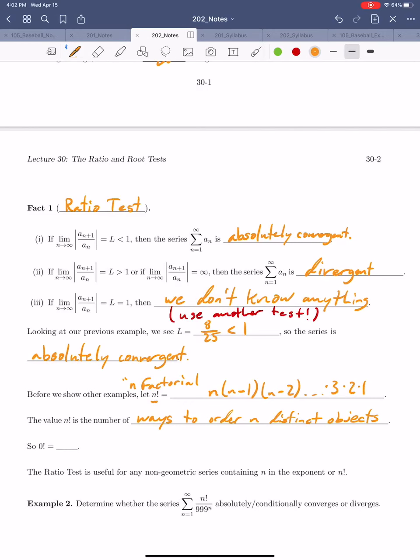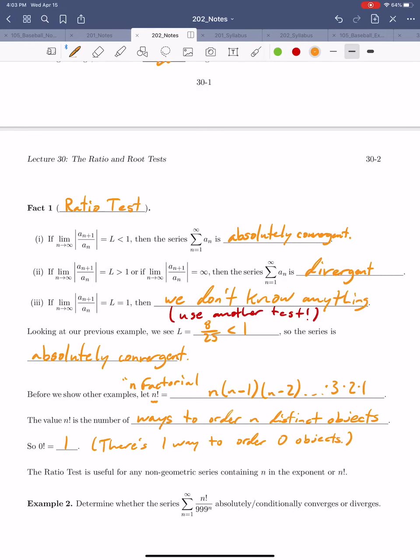In particular, that means that 0 factorial equals 1, right? There's one way to order 0 objects. Just look at the nothing in front of you. That's the one way to order it.